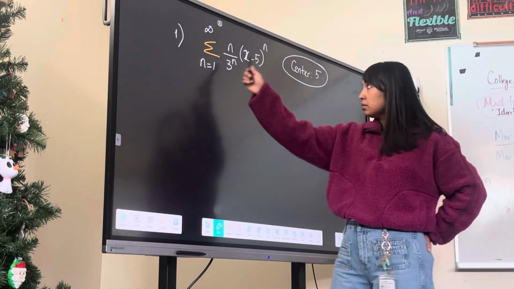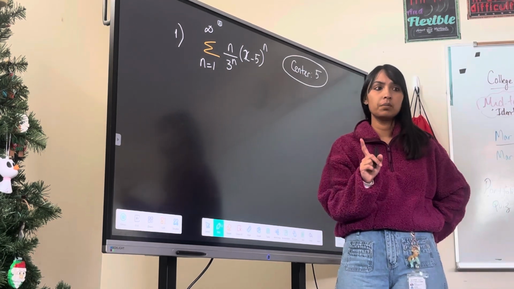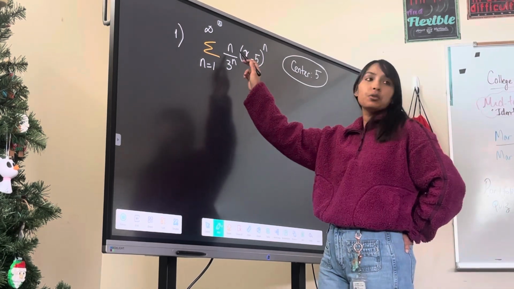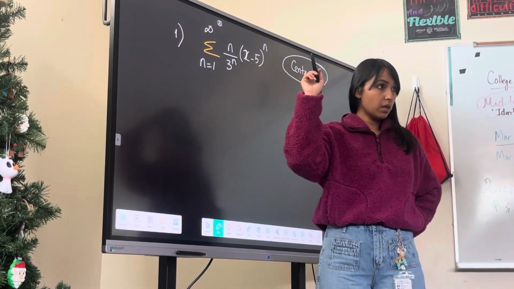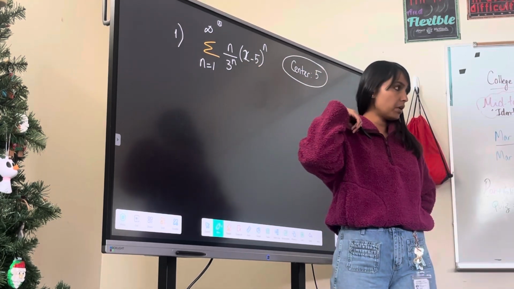Okay. Now, what we're going to do is the ratio test to figure out what the limits are. So I have to find a sub n plus 1. Every n is going to be replaced with n plus 1.